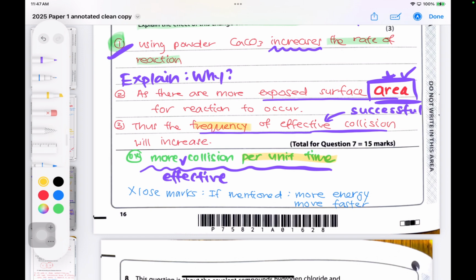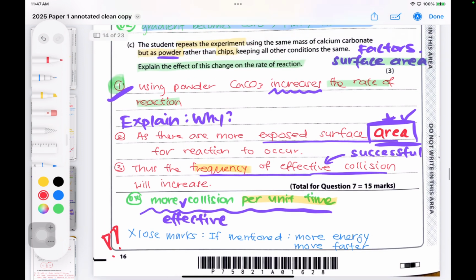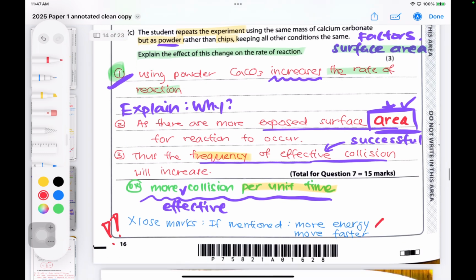Okay. So one final warning here is how will you end up losing marks? If in your explanation, you talk about more energy or the particles move faster, you will actually lose marks here. Because this is caused by an increase in temperature.